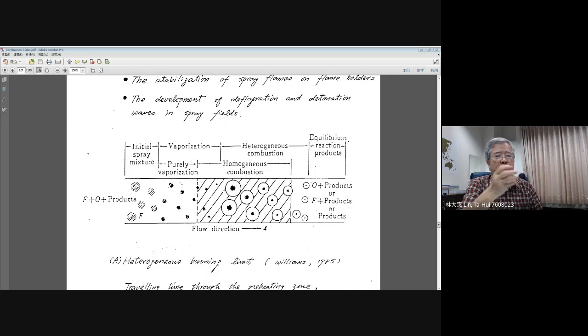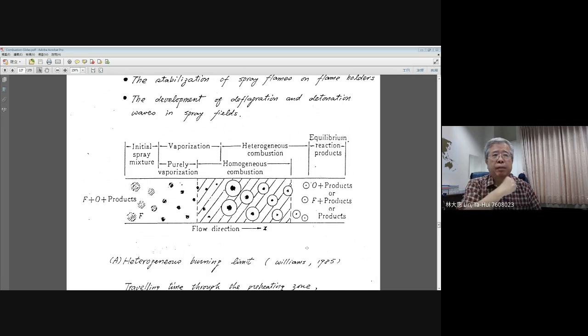Definitely, if you have very tiny droplets, they will easily be gasified in the preheating zone. Then when the flow enters the bulk premix flame, they do not have a chance to remain liquid droplets, right? But if you have a large droplet, the droplet lifetime is longer. Then you may have the droplet itself as a liquid inside the premix flame.